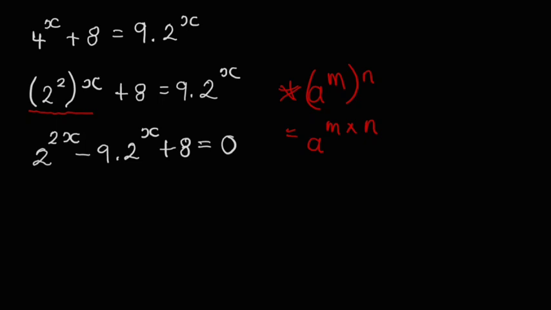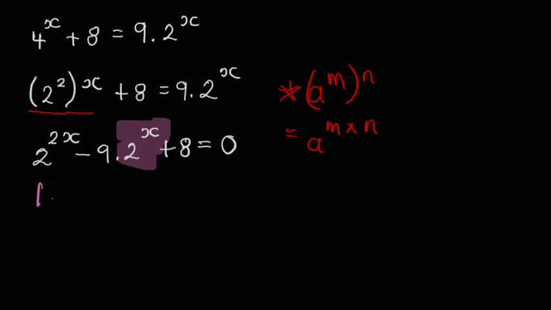Now looking at what we have, generally we choose K to represent the base with the smaller exponent. And in this case, even though we don't look at them as being rational, because it's just 2x and x, we still choose K to represent the term with the smaller exponent, since x is smaller than 2x.